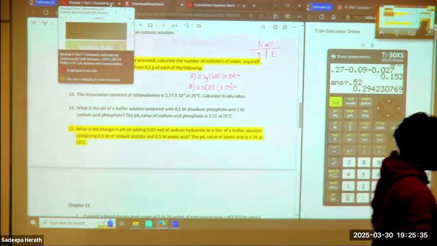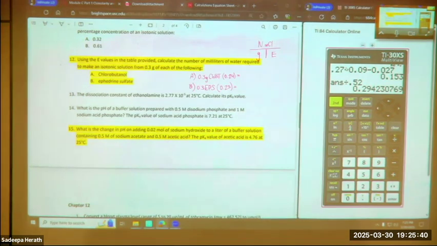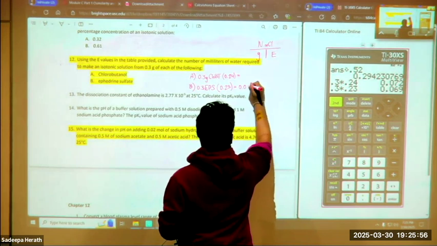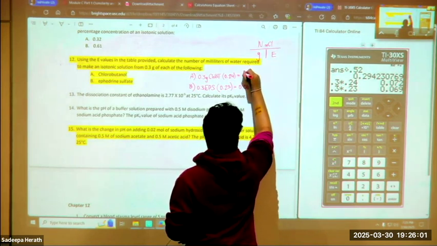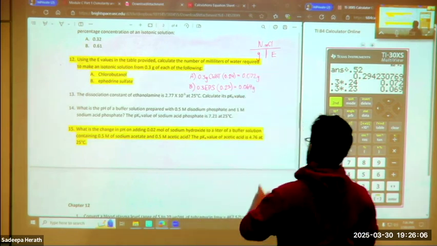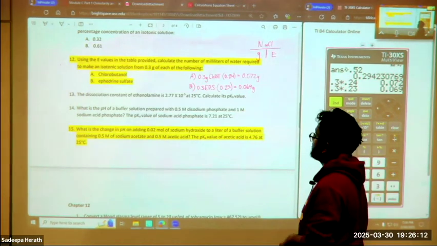So we just multiply those out. 0.3 times 0.24, and then 0.3 times 0.23. So 0.069 grams and then 0.072 grams. And those are the equivalents, the sodium chloride equivalents of those respective drugs.